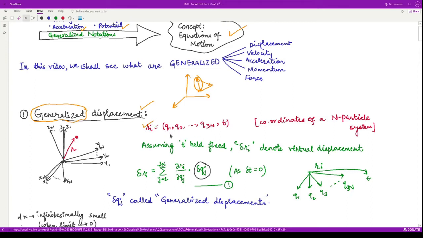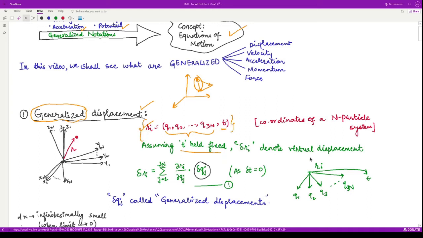These are the 3n generalized coordinates, and t, where t is the time variable, right? So now let us assume in this case that time is fixed. So the virtual displacement, denoted by delta Ri, is calculated by differentiating this vector, right?